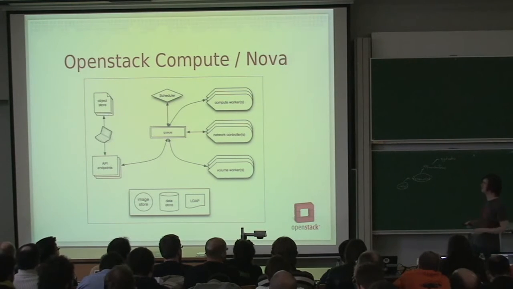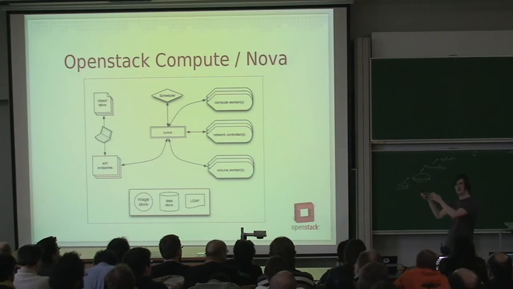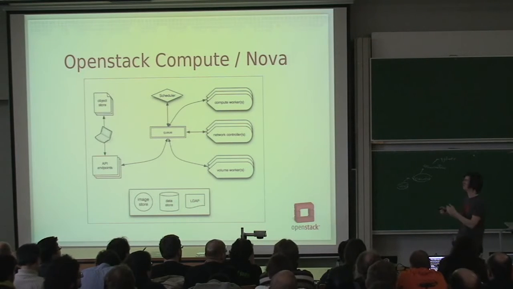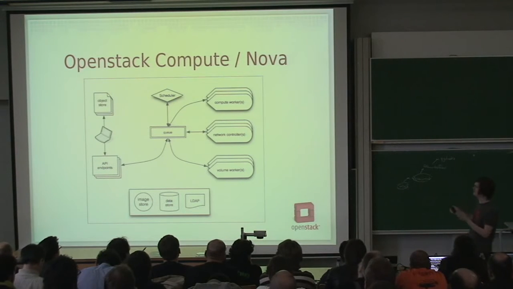I'm perfectly happy saying that it's very crude, even though I wrote most of the current implementation. It's really not to be trusted. We hope to replace that entirely with Swift or Glance, which is an image registry and cache and stuff. Let's just ignore that for now and focus on what we have here.